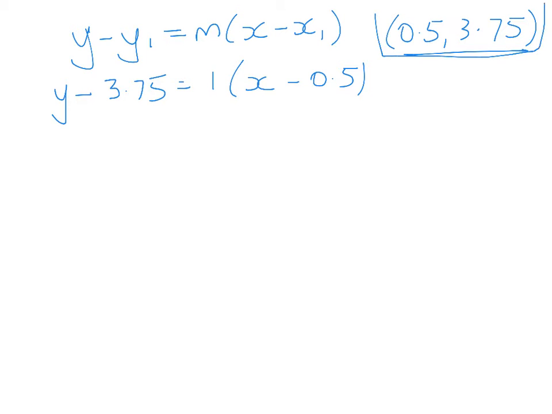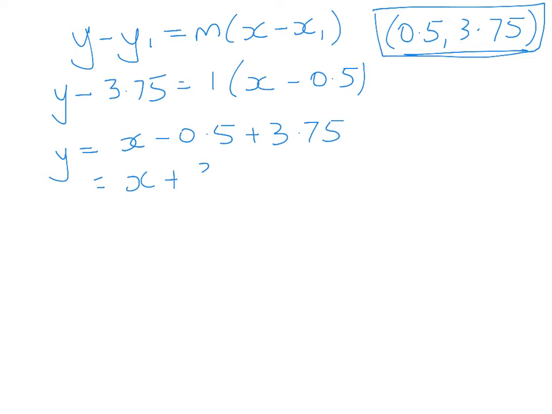At the very end I'm going to check that that really is on the parabola. So y is equal to x minus 0.5 plus 3.75, which is x plus 3.25. This is the line given. But just checking, making sure that that point is on the line.